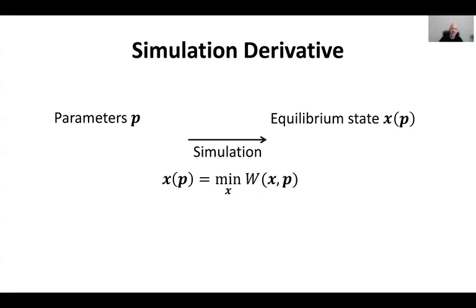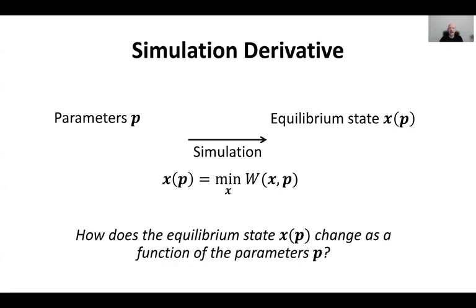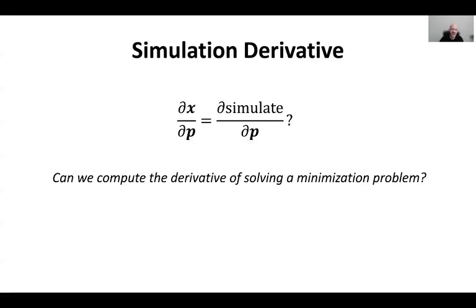So if we were now going to ask the question, how does the equilibrium state X of P change as a function of the parameters P? It very much looks like we want to take the derivative of this process, simulation. But what does that actually mean? Can we take the derivative of the simulation directly?